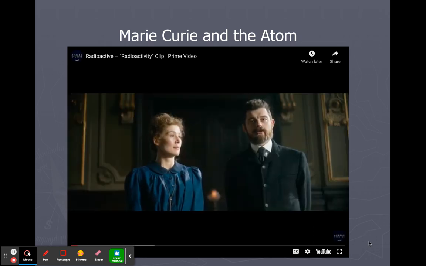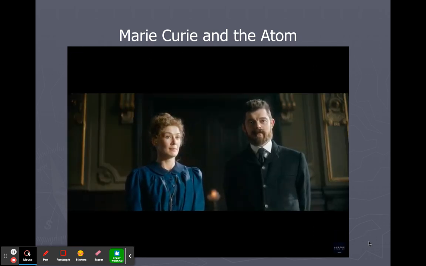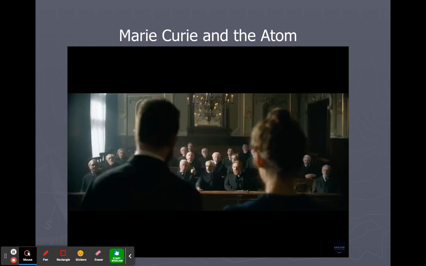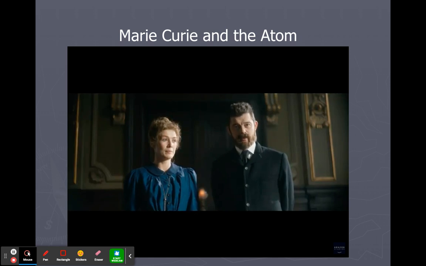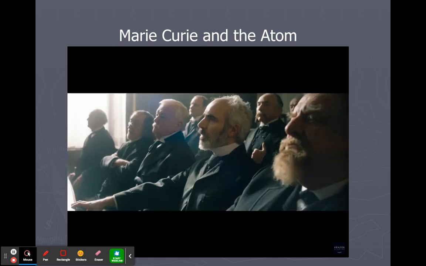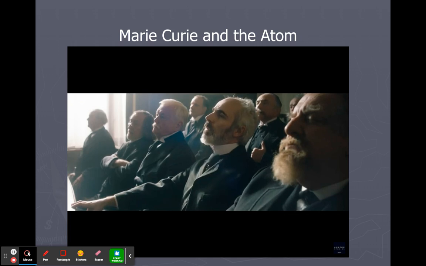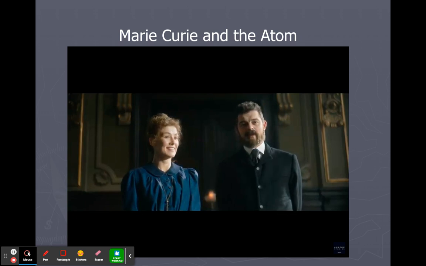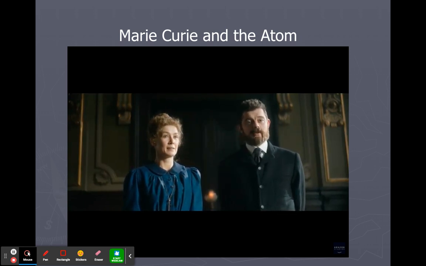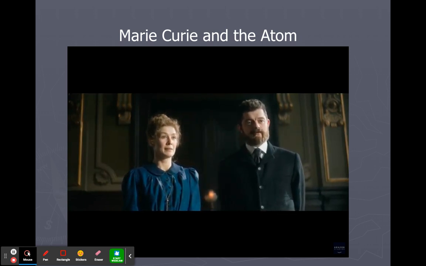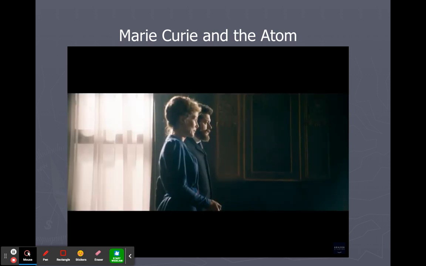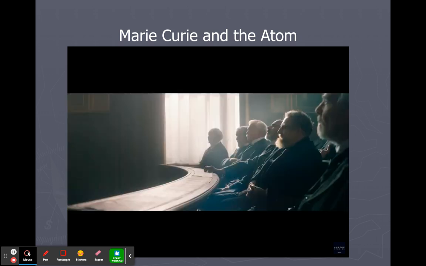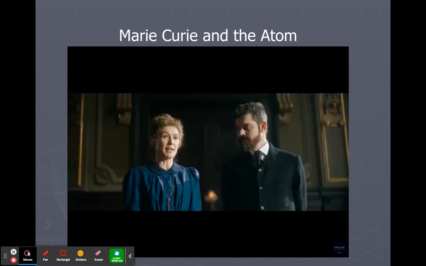We thought we would find a new element. We were wrong. It's taken 4 years, 4 tons of pitch blende, 40 tons of corrosive chemicals, and 400 tons of water. We are here to present to you 2 new elements, polonium and radium. We all thought that atoms were finite and stable. Well, it turns out some of them are not.